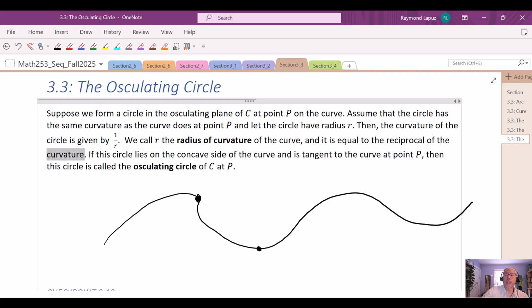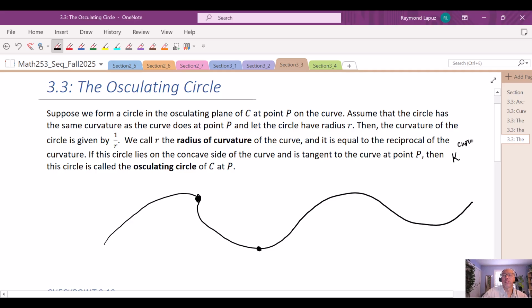So for the curvature, I'm sorry, that's kappa, curvature kappa is going to be 1 over r, or r is going to be 1 over kappa. They're reciprocals of each other. All right, so that means if you have a large curvature, like you do in this particular scenario, 1 over a large number is going to be small, so the radius of that osculating circle will be small.